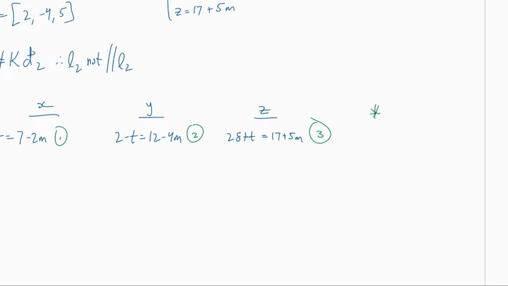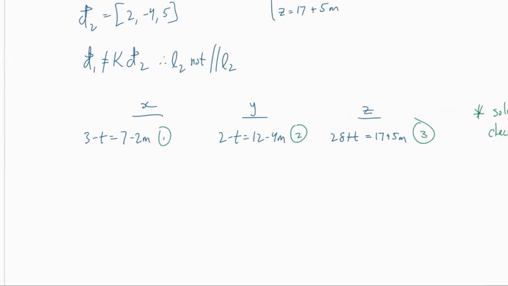I'm going to solve 1 and 2, but then I have to check that in 3. Okay, so it's not enough to just solve 1 and 2, and we're going to see that before the end of the day today. I have to check the solution that I get in 3 and make sure that it satisfies 3 as well.